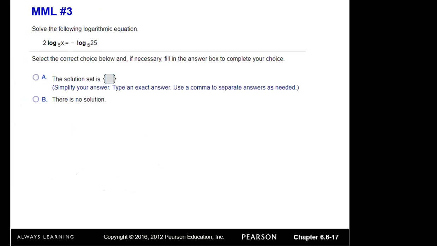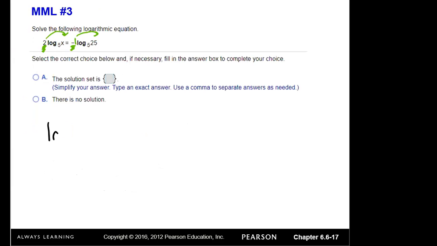Number 2 has log equals log, which means I'll be able to drop my logs, but I have this 2 in front of that log and this negative invisible 1. So those have to go back up into their exponent positions.